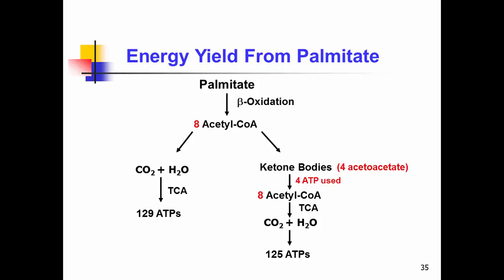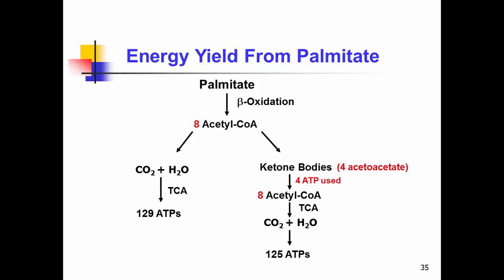So for palmitate oxidation, beta oxidation will generate 8 acetyl-CoA molecules, right? And if these 8 acetyl-CoA molecules all enter the TCA cycle for complete oxidation, we already calculated, right, that will generate 129 ATPs.